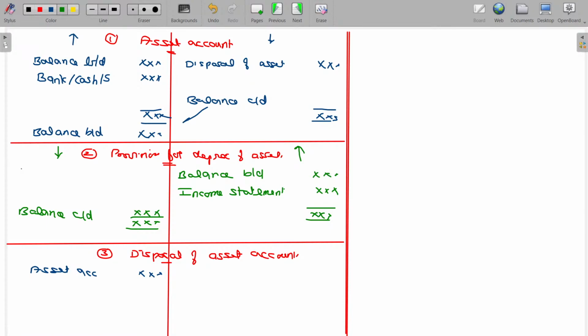So, disposal of asset account. Okay. This balance carried on becomes balance brought down next. So, this is transferred here. Provision for depreciation of asset.